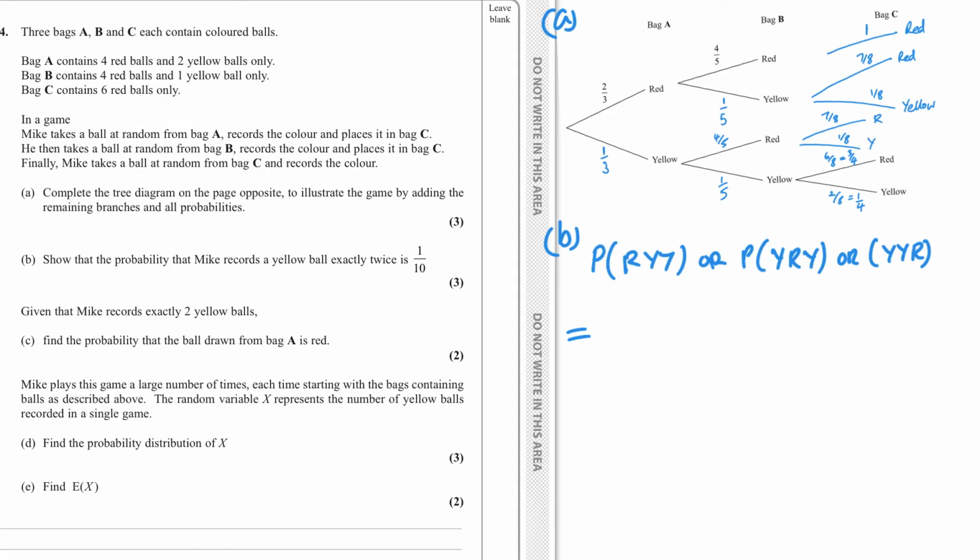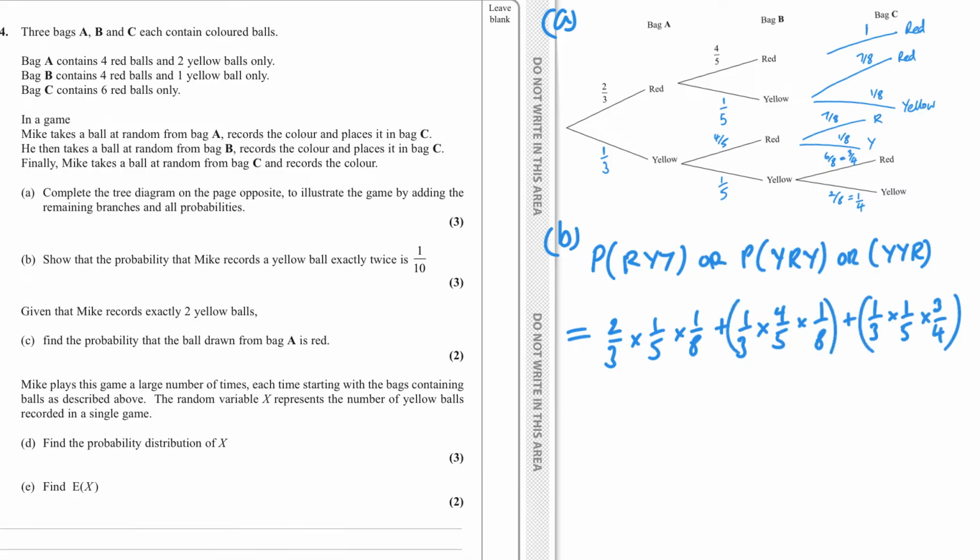So that means if we go red, yellow, yellow, we got 2/3 times 1/5 times 1/8. Plus, we want to go yellow, 1/3, red, 4/5, yellow, 1/8, and then yellow, yellow, so we've got 1/3, 1/5, and 3/4.